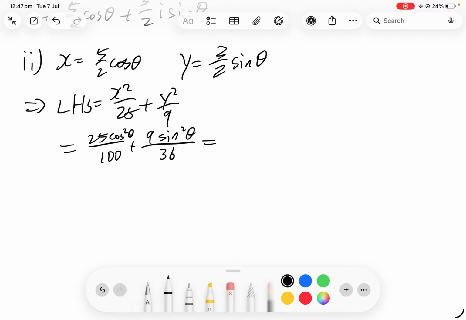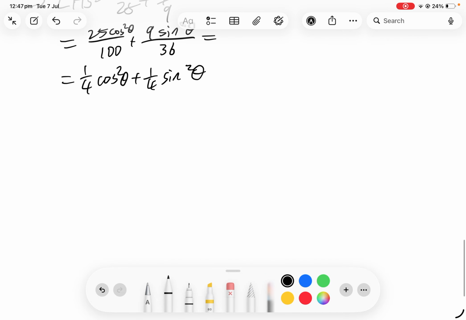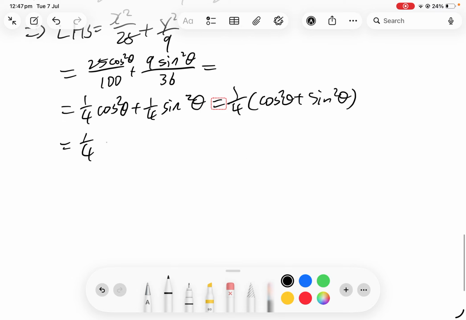So that just equals 1 over 4 cos squared theta plus 1 over 4 sine squared theta, which equals 1 over 4 (cos squared theta plus sine squared theta), which equals 1 over 4, which equals the right hand side, and we've proven it.